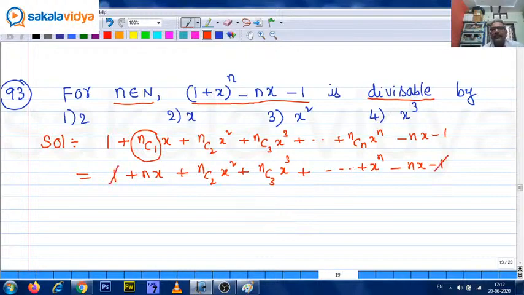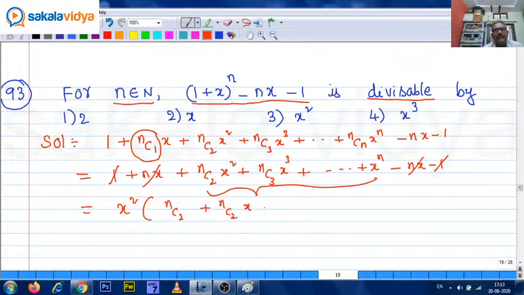1 gets cancelled and nx gets cancelled. From this one we can take x square common out. If you take x square common out, we get nC2 plus nC3x plus so on, up to x to the power of n minus 2. Actually it is a multiple of x square, therefore divisible by x square.